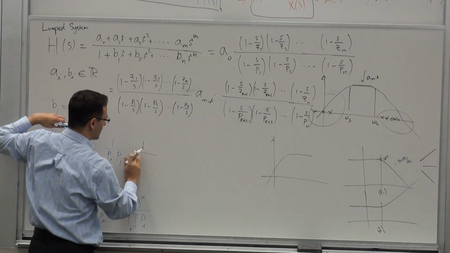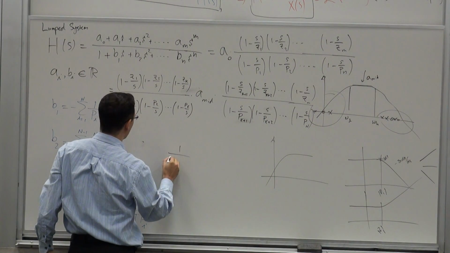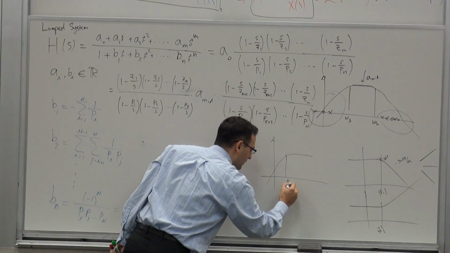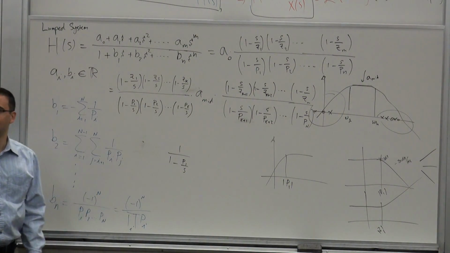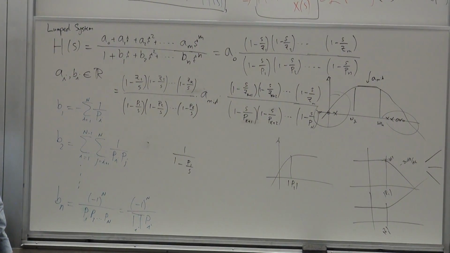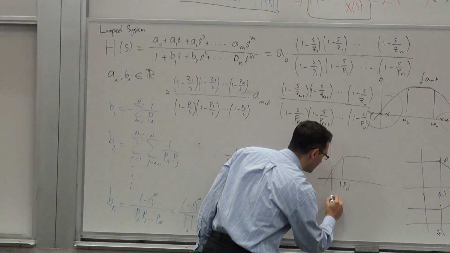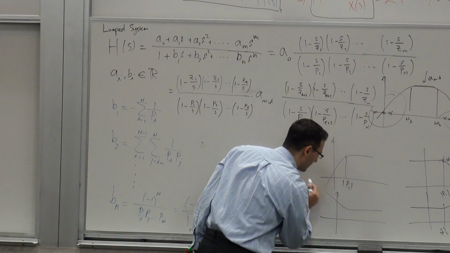A system whose transfer function was 1 over 1 minus P1 over S would be like that. It's the mirror image of that. And an inverse zero looks like that.